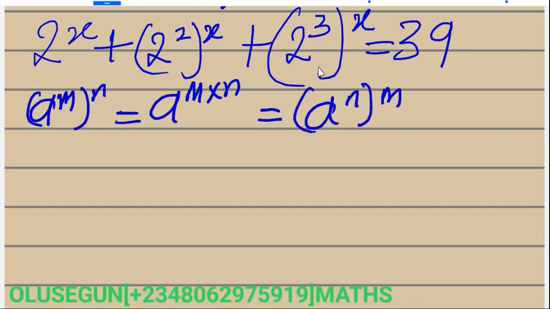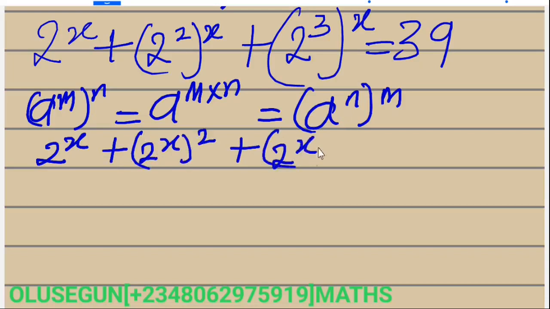So let's also apply it to this equation. Therefore we have 2 raised to power x plus 2 raised to power x all squared plus 2 raised to power x all raised to power 3 is equal to 39. So this is how it looks.